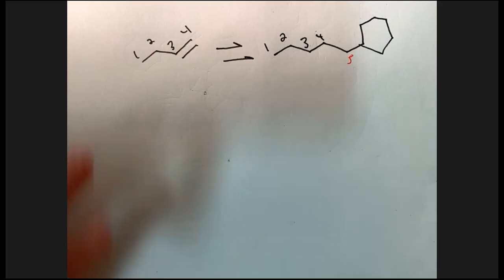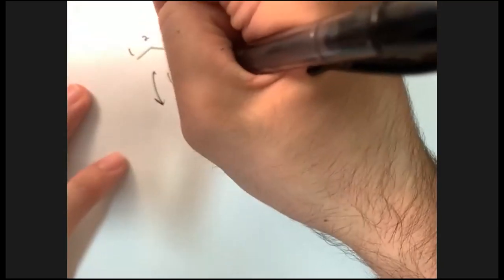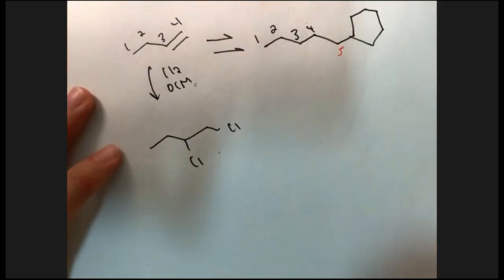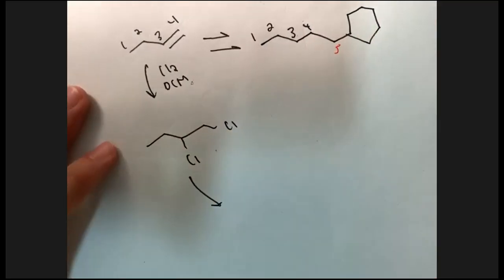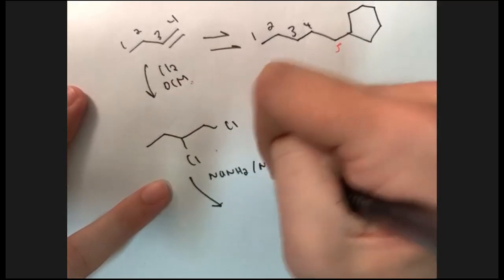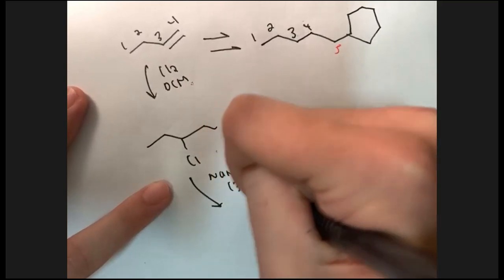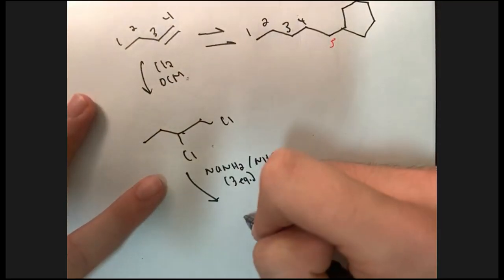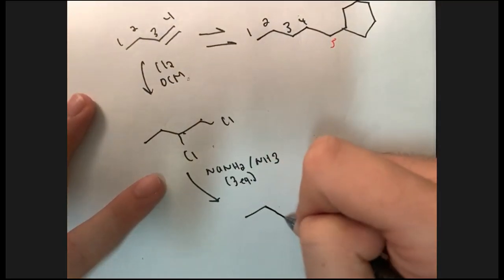Yes, it's halogenating first. So let's just try the Cl2 example in DCM. Then we know we have to double dehydrohalogenate, so let's do NaNH2, NH3, 3 equivalents. We get the 4 carbon acetylide.